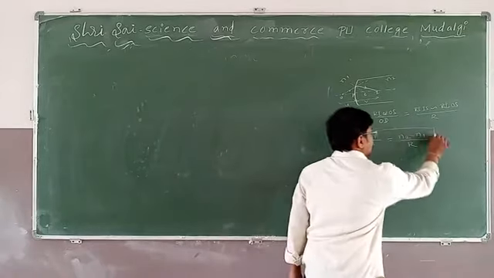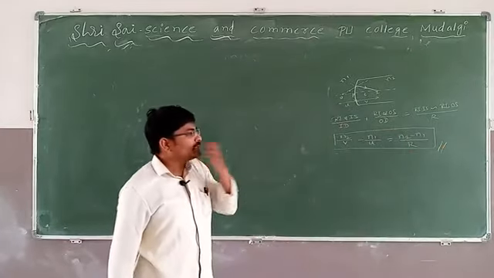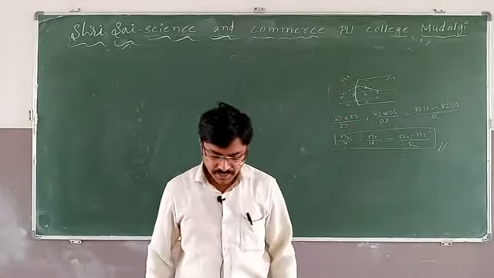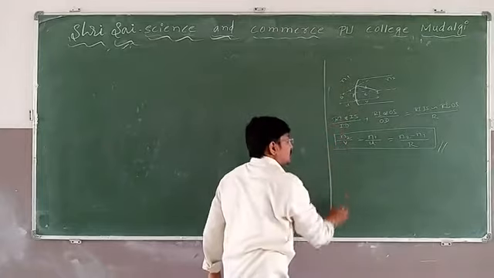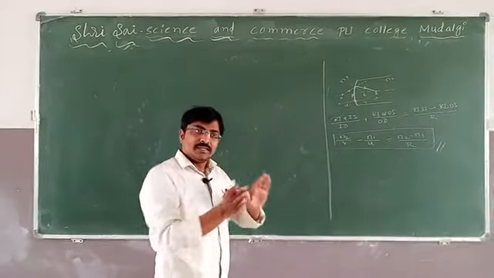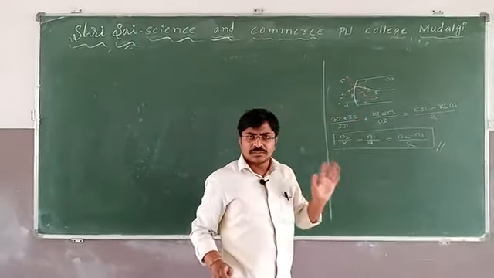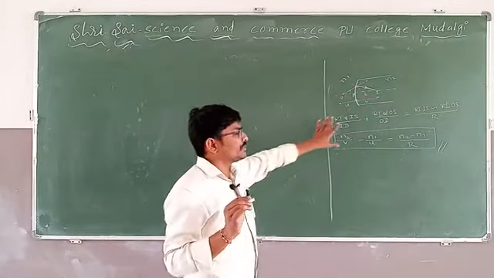Therefore, this is the formula for a spherical surface. Already we did this one, the full derivation we completed. This formula is very important and we are using this formula in the lens maker's formula. That's why in the examination no need to write all the things directly. If they ask to derive the lens maker's formula, you should remember this one.